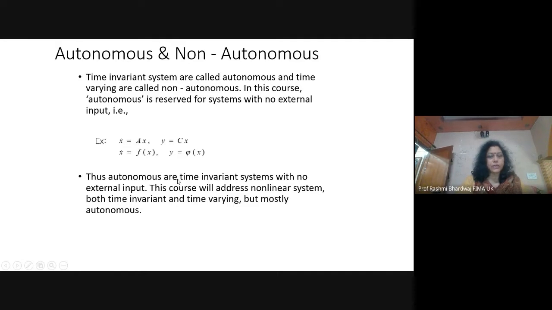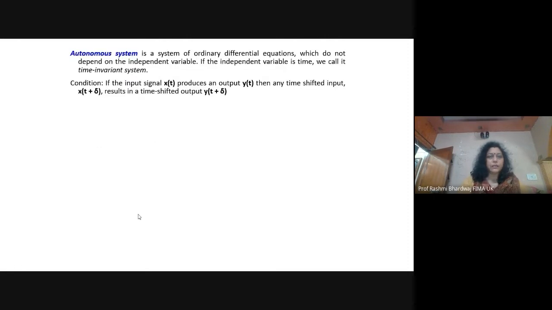Thus, autonomous systems are time invariant systems with no external input, and we will address only nonlinear systems, both time invariant and time varying. But mostly autonomous systems are time invariant systems. So autonomous is a system of ordinary differential equations which do not depend on the independent variable.